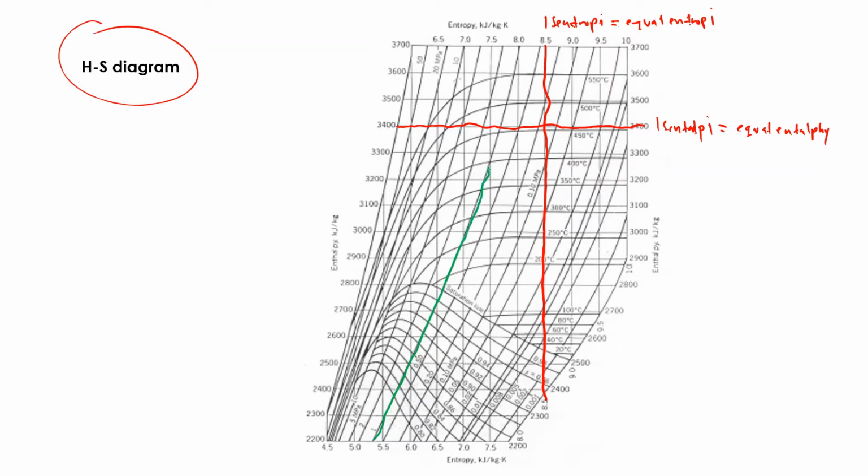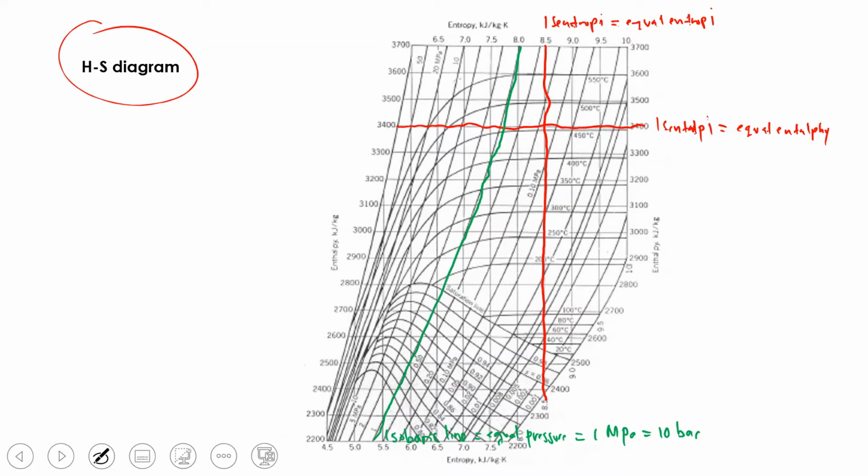The one that I draw here is an isobaric line. This is basically equal pressure, and in this case the unit is megapascal. It is 1 megapascal, equal to 10 bar. And the last line, I will use a different color, is the isothermal line.